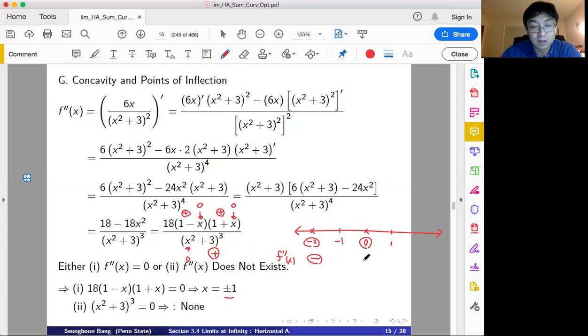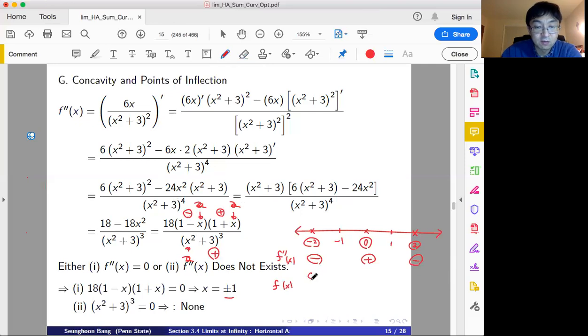So we have positive. Next, you choose 2 on the right hand side. You plug 2 into x. 1 minus 2 is negative. 1 plus 2 is positive. 2 squared plus 3 is positive. We have negative.